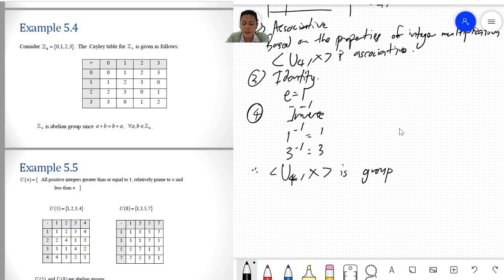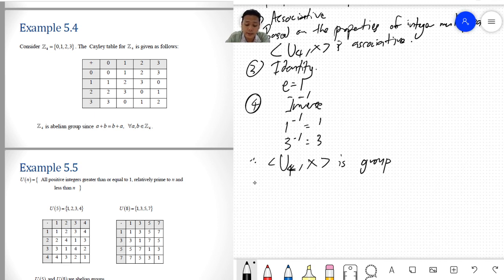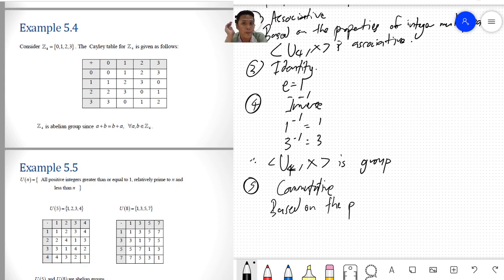For the question, is it commutative? Is it an abelian group? You need to check all the 5 properties. And again, it is enough to say, based on the properties of integer multiplication, you know that multiplication is commutative. A times b equals b times a. A times b mod n also is equivalent with b times a mod n.